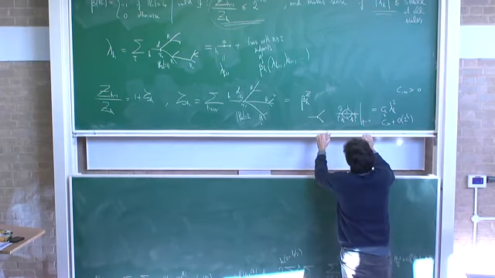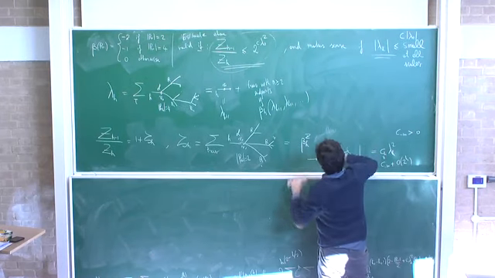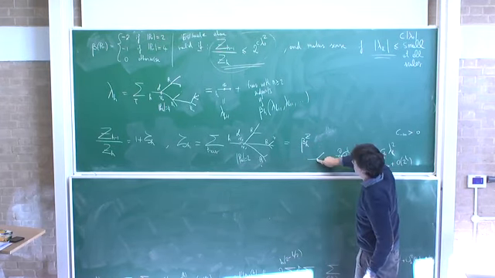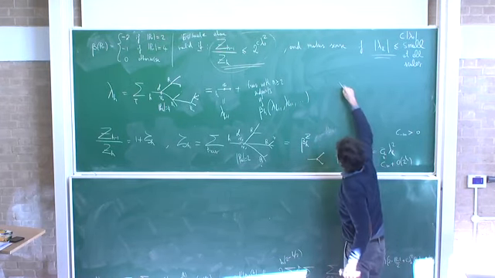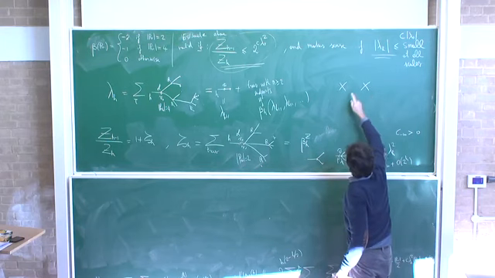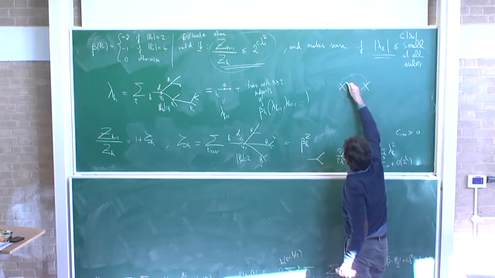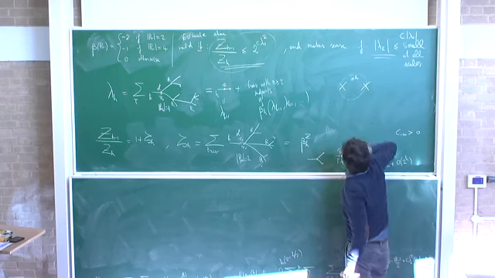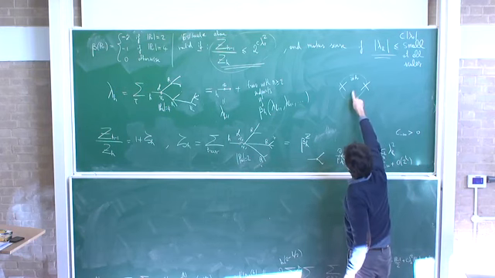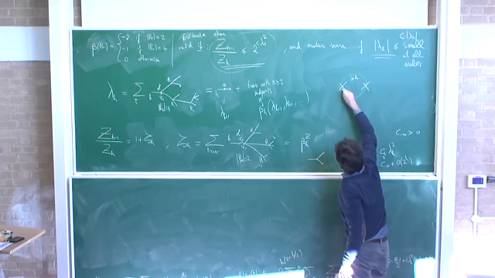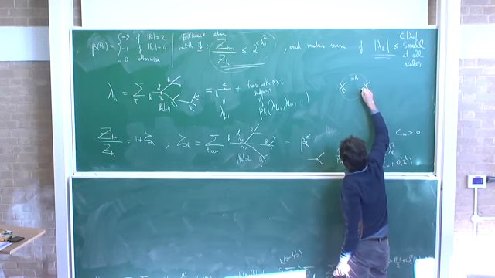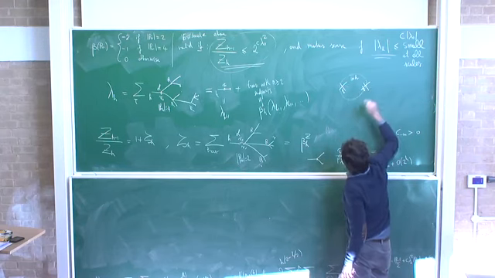The lowest order contribution again is given by the same tree, but you have to contract in all possible ways in such a way that this is a subset of lines with scale larger or equal than h, at least one of scale h, lambda h, in such a way that you have 4 external lines.